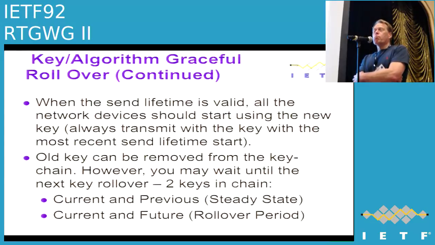Now, you can remove that old key right away, or you can just wait till the next time you roll over a key and get rid of the old one then. So you'd always have two keys in your chain: in the steady state, the current key and the previous key, and in the rollover period, the current key and the one you're going to move to.